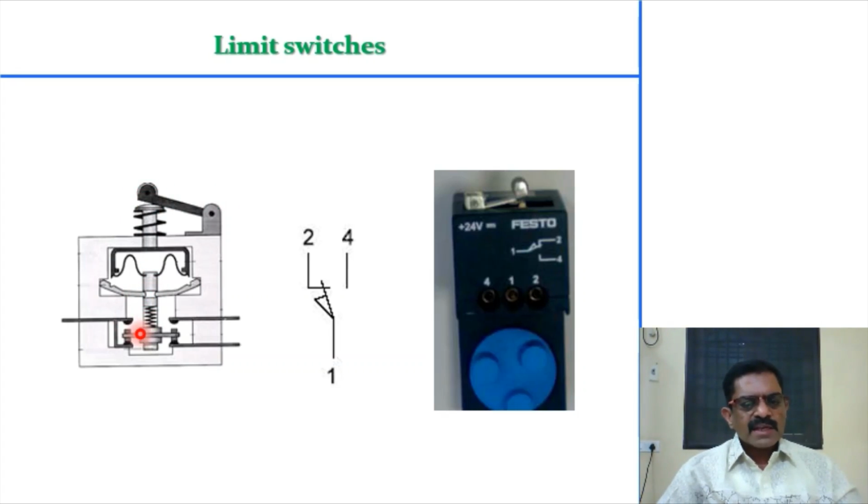So it is known as a limit switch. These are widely used to set the limits, either for extension or retraction. Limit switches can be pneumatically operated or electrically operated. Here you can see a Festo limit switch, the same limit switch we have in our laboratory.